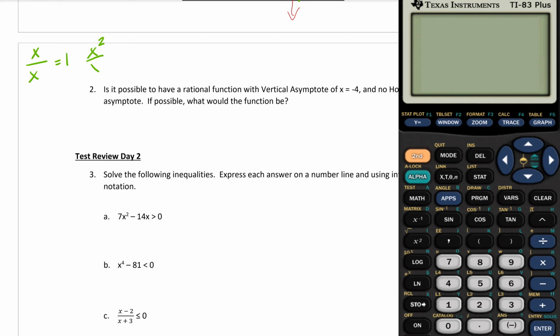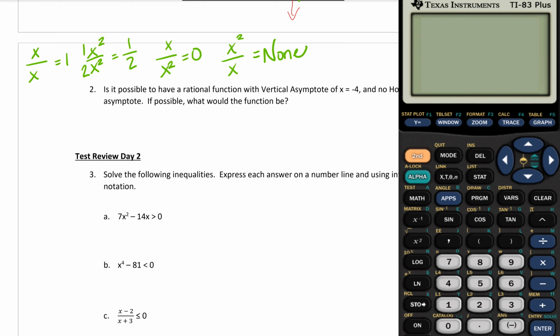If we had x squared over x squared, we know that it is also 1, or we look at the numbers in the front, so that would actually be 1/2 if I had 1 over 2. And of course, if it was x over x squared, we know that ended up being a 0. But there is an instance where if we had x squared over x, that is when we have no horizontal asymptote.